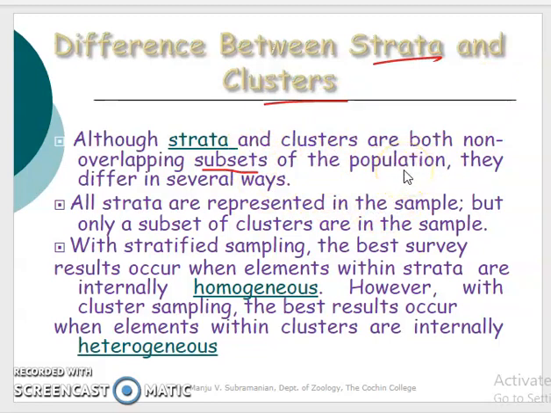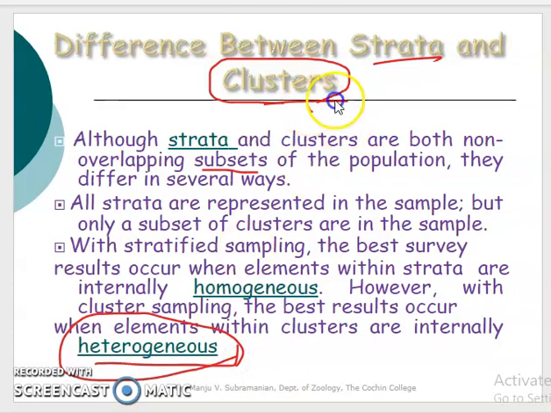Okay, all strata are represented in a sample, but only a subset of the clusters are in a sample. Within stratified sampling, the best survey results occur when the elements within the strata are internally homogeneous. However, with cluster sampling, the best results occur when the elements within the clusters are internally heterogeneous. So the cluster sampling is good in the sense that it is practically applicable in a heterogeneous population.